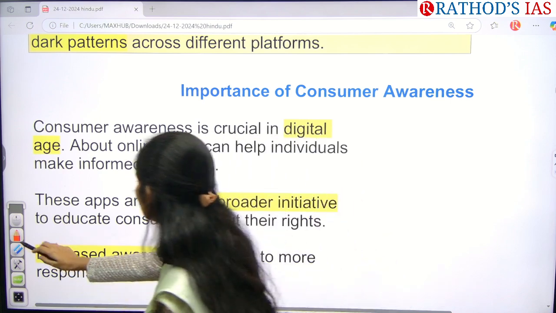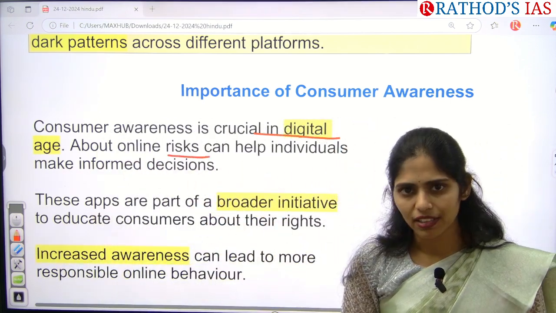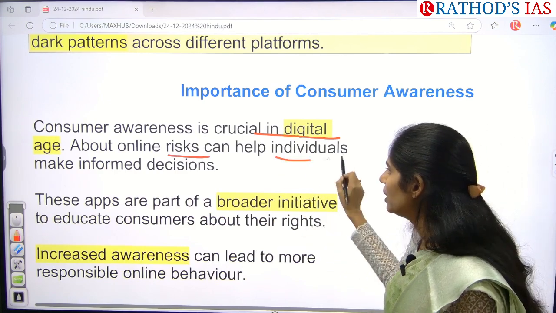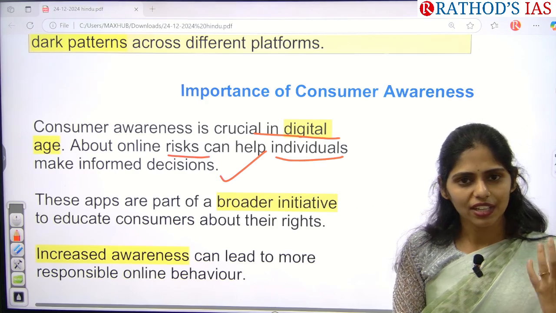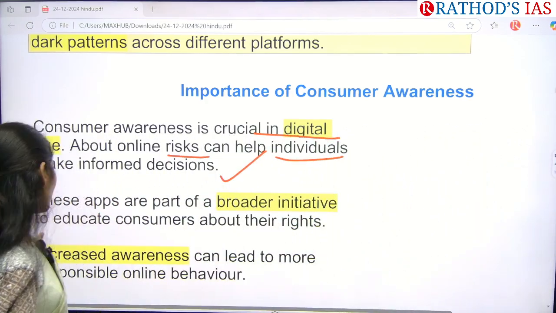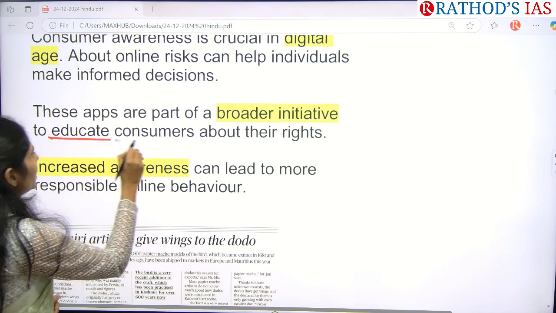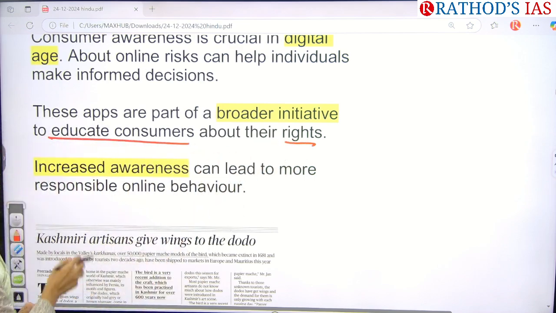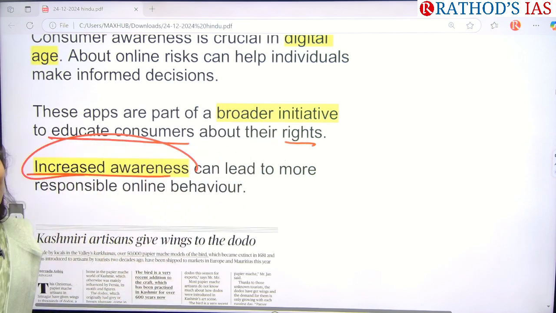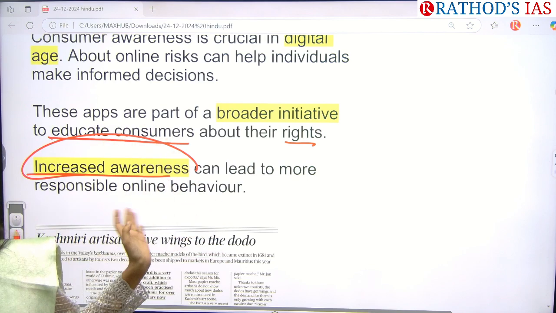And in this digital age, there is increased online risk as well, so we can help individuals to take informed decisions. These apps are part of broader initiatives to educate consumers about their rights, and even we can increase awareness about these online platforms. So these are the things that you have to remember regarding this.